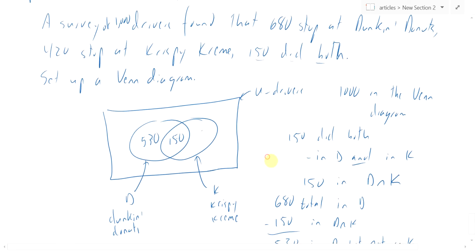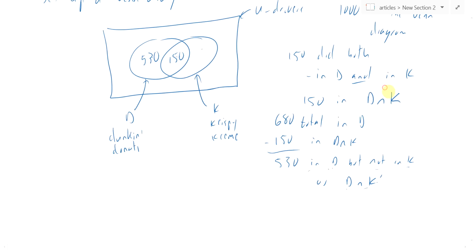We also know that 420 stopped at Krispy Kreme. So there's 420 in K, but 150 in both D and K. Right? So Krispy Kreme drivers are everybody in this circle. 150 of them stop at both, but 420 stopped at Krispy Kreme total.